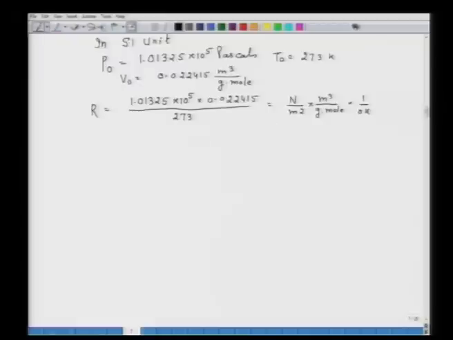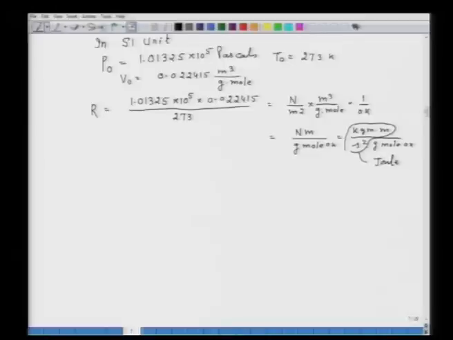So, if I solve this side of the unit, then it comes Newton meter upon gram mole degree Kelvin, and Newton meter we know that is kilogram meter into meter upon second square, gram mole degree Kelvin, and this you know kilogram meter square upon second square, this is joule.